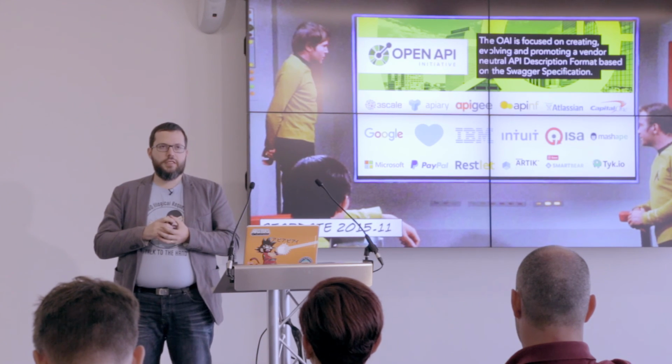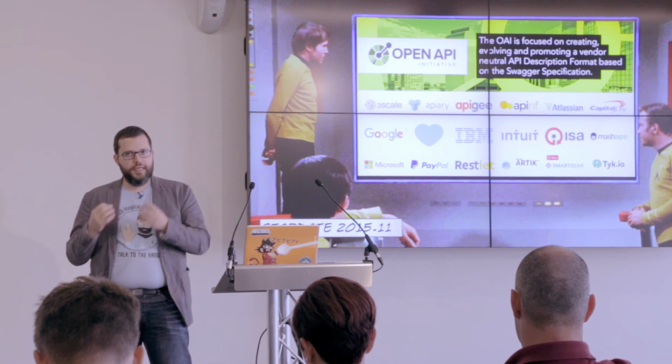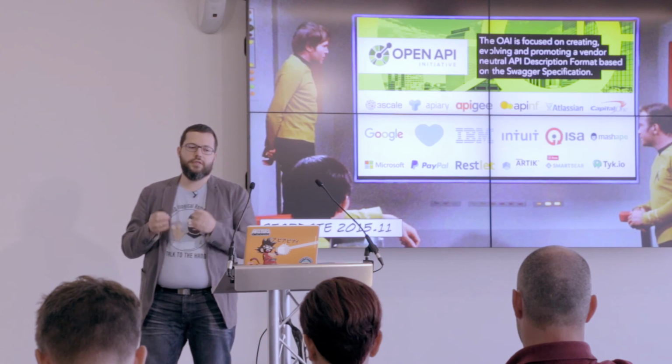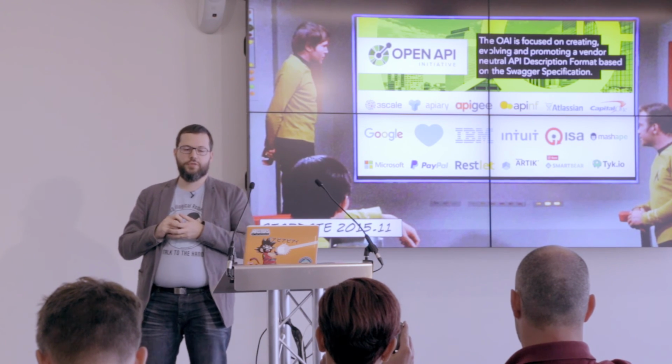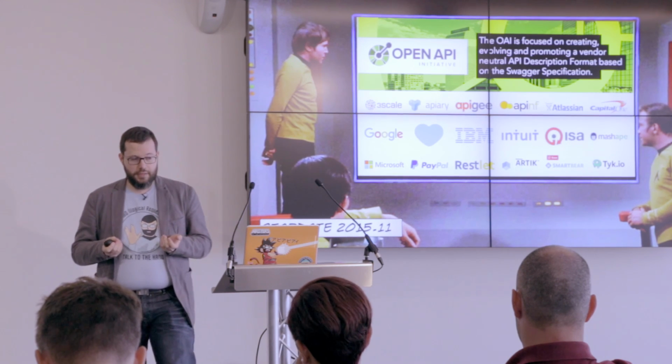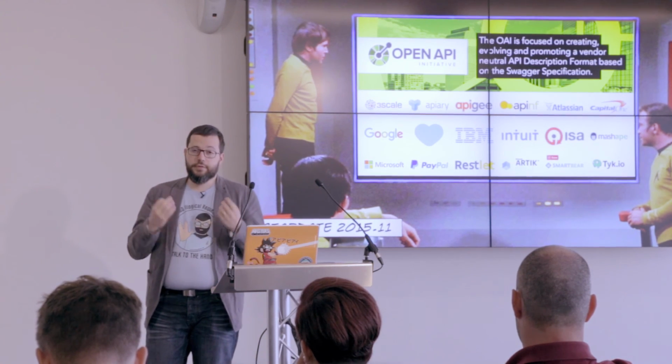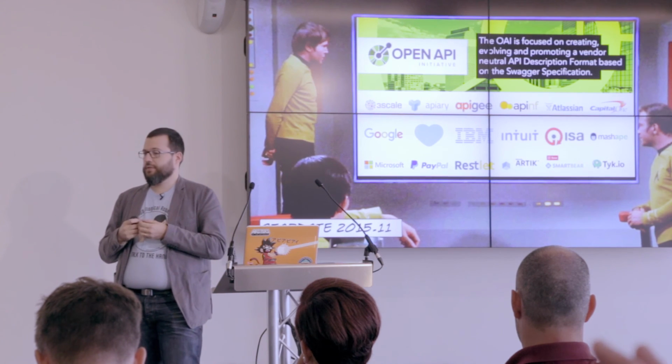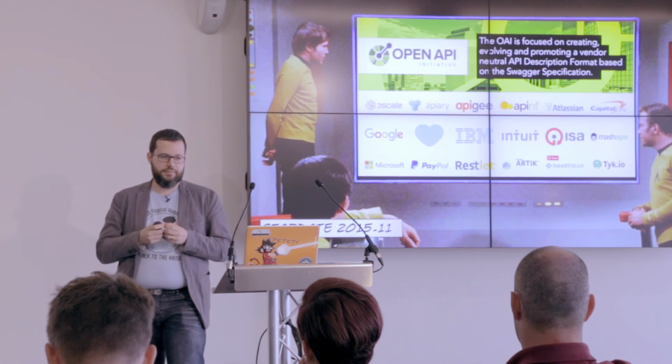The OpenAPI initiative aims to create, evolve, and promote a vendor-neutral API description format, the OpenAPI specification. To make it short, the first version of the OpenAPI specification is the Swagger specification.